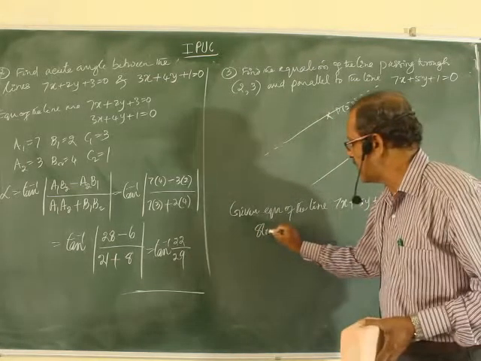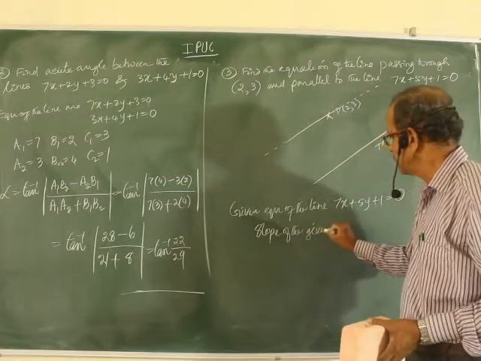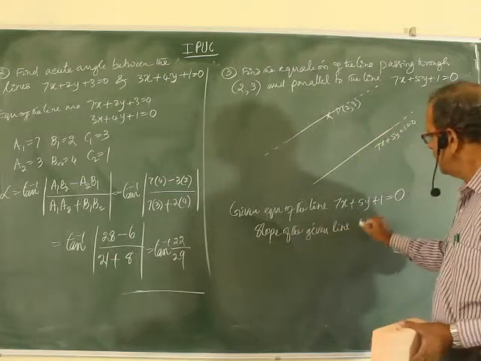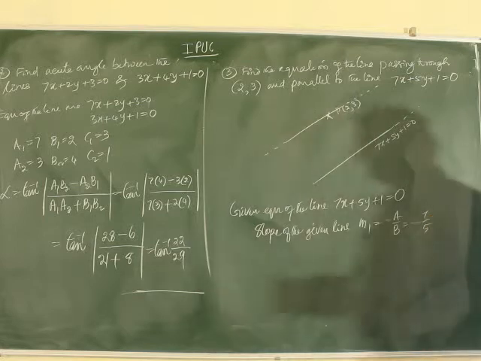Slope of the given line m1 = -a/b = -7/5.